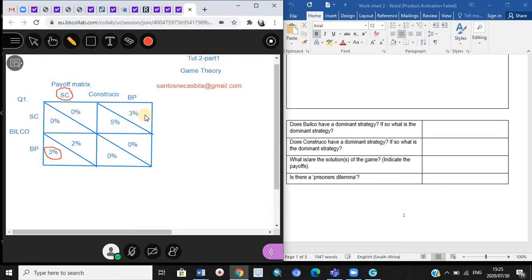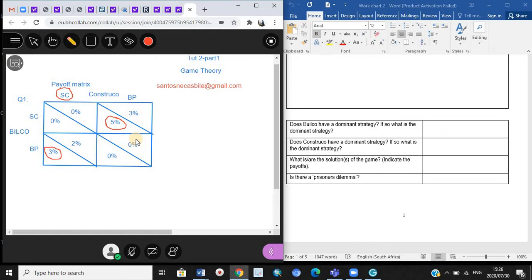Now let's analyze a point whereby Construco is choosing the business park. If he chooses business park, in fact, Bilco is going to choose where he is better off. The summary is easy. Whenever you ask yourself, is Bilco choosing the same strategy no matter what the other one is doing, then that is the dominant strategy.